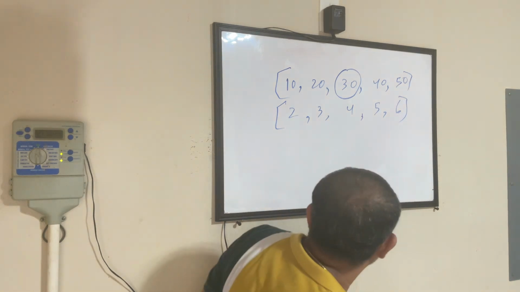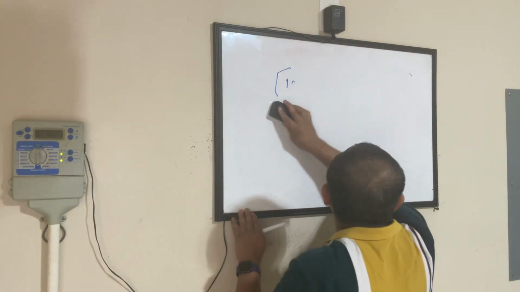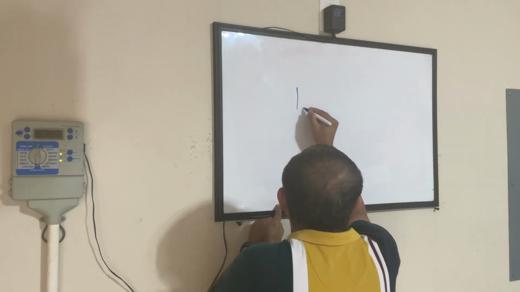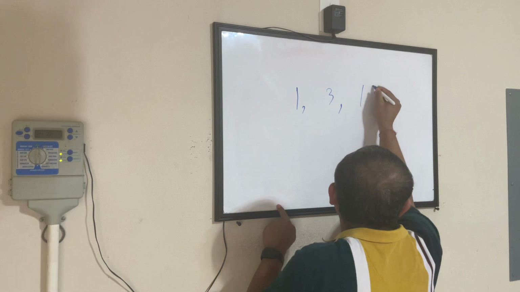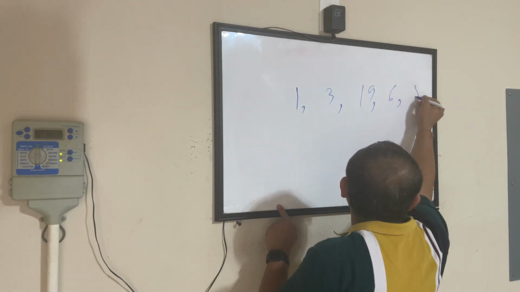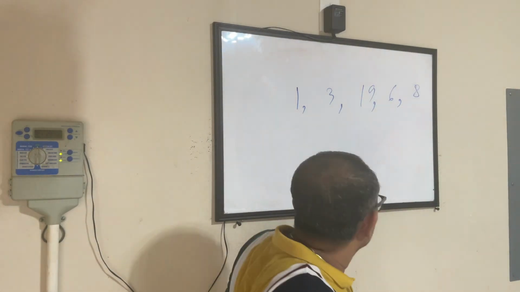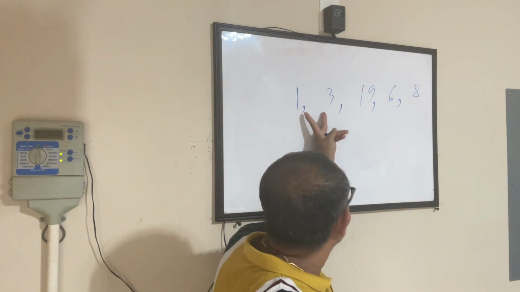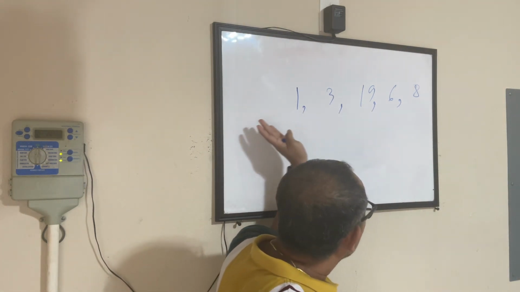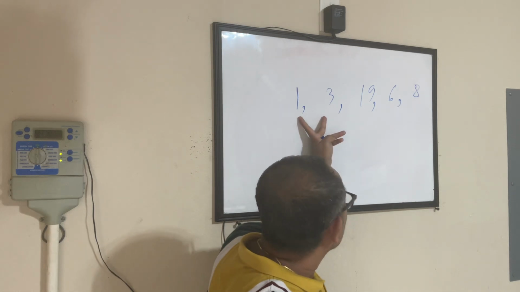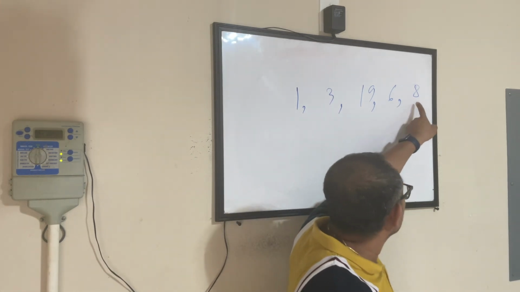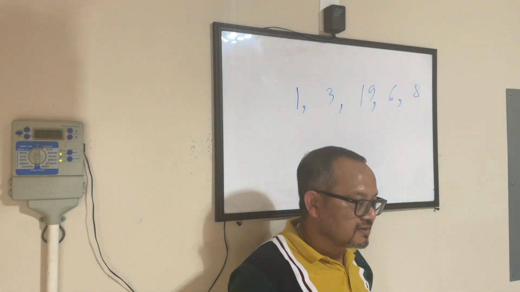You might have a situation like this, where there is no uniformity among the data. Even if you put them in ascending order, between the first and second the difference is 2, second and third the difference is 3, again the difference is 2, and then the difference is 11.